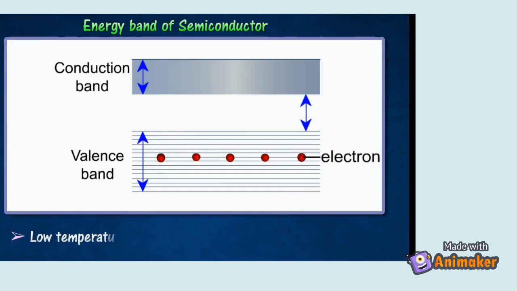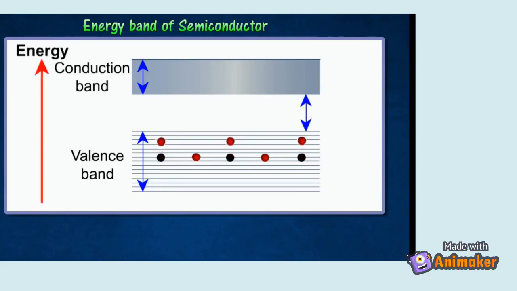At very low temperatures, the semiconductor behaves like an insulator, since there is no free electron in the conduction band. At higher temperatures, electrons excited by heat energy can gain enough energy to jump from the valence band to the conduction band. When this happens, the electrons leave holes in the valence band. These holes behave like positive charge carriers, and can also move freely.